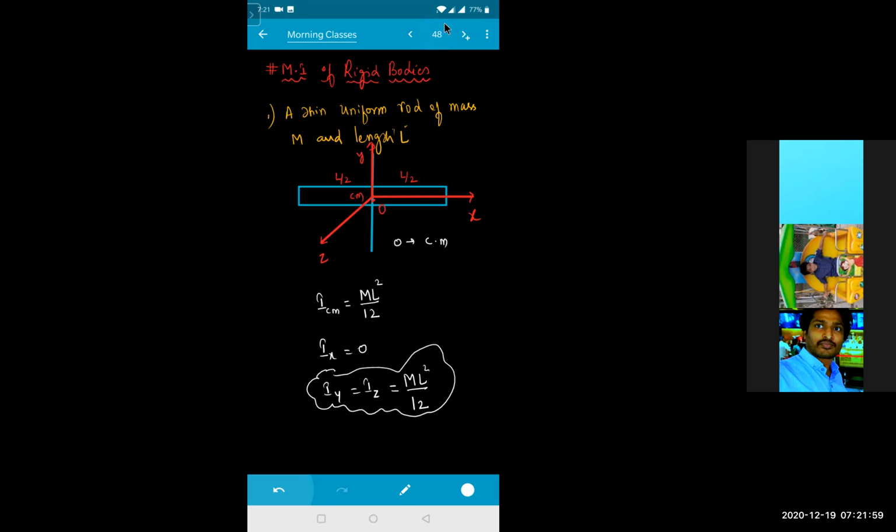Okay, so in the same way, if I am taking one more relation about an axis, these statements are very important. About an axis passing through the end of your rod and perpendicular to your length.